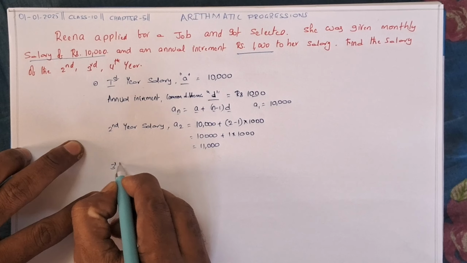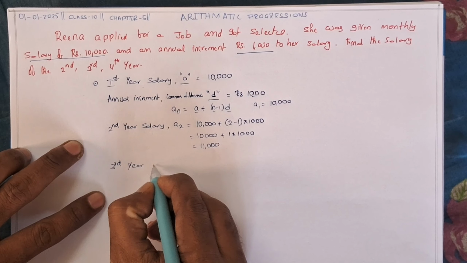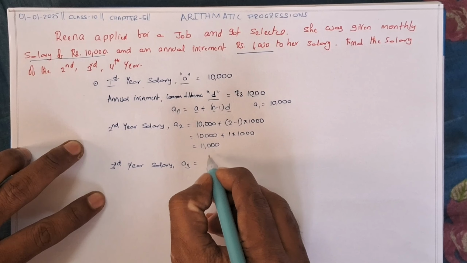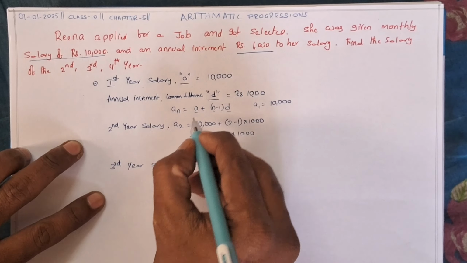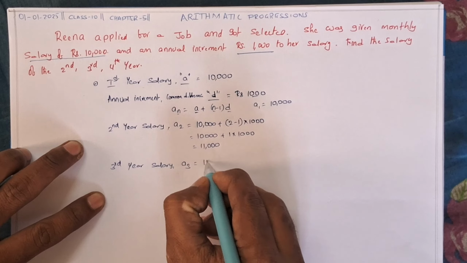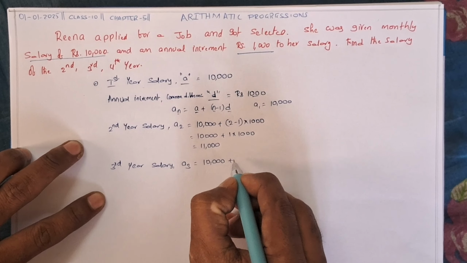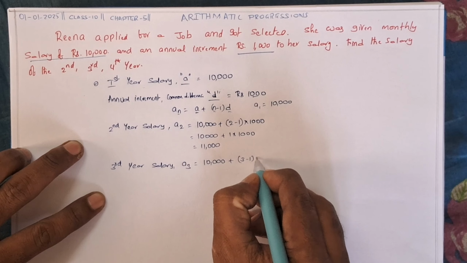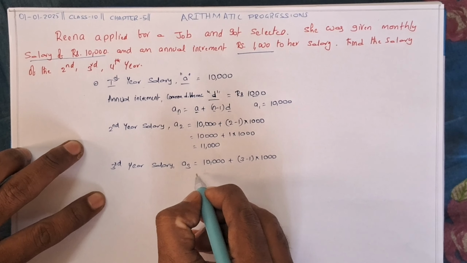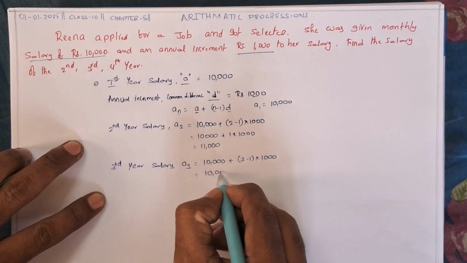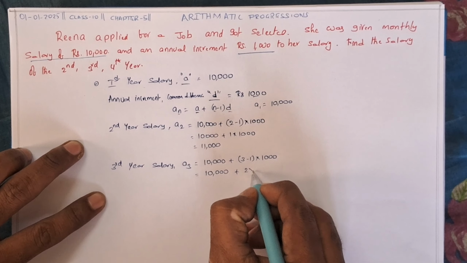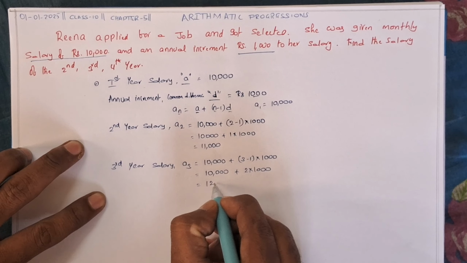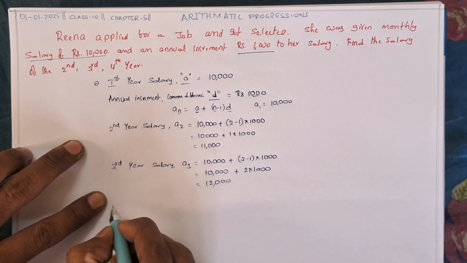Similarly, third year salary a3 is equal to a is fixed, 10,000, plus third year, so n becomes 3, minus 1 into 1,000, that is equal to 10,000 plus 2 into 1,000, that is equal to 12,000.